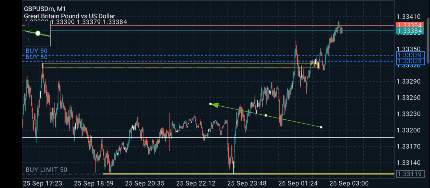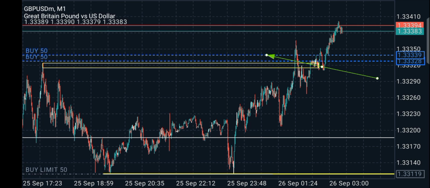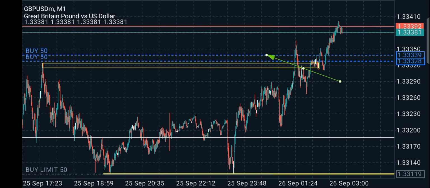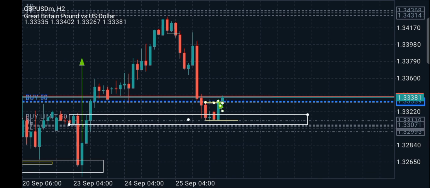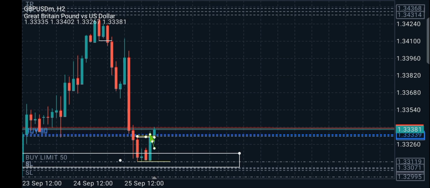After a change of character, we've been seeing several breakout structures to the upside. So now our main target, if we go to the 2 hours time frame, is this particular high here. Sorry for that.